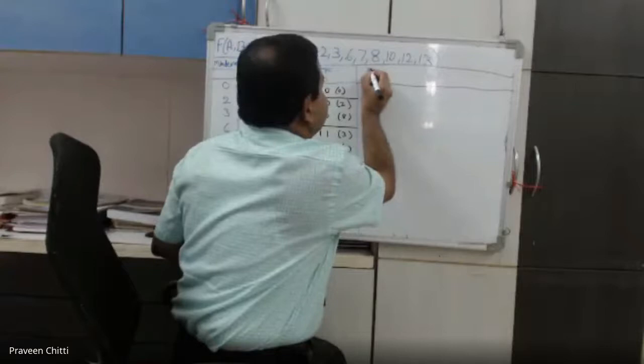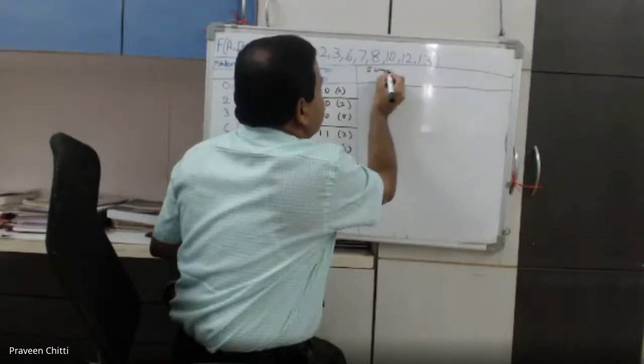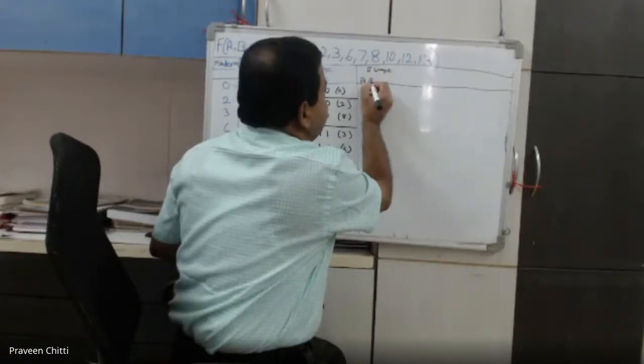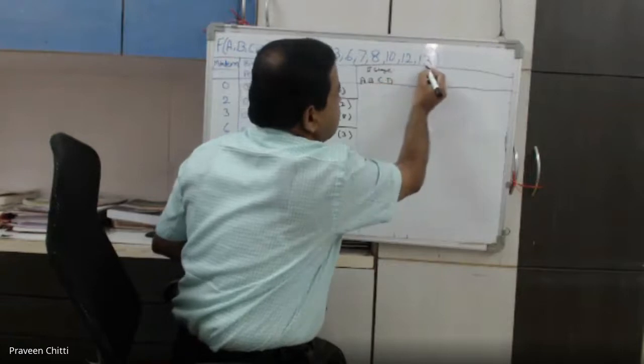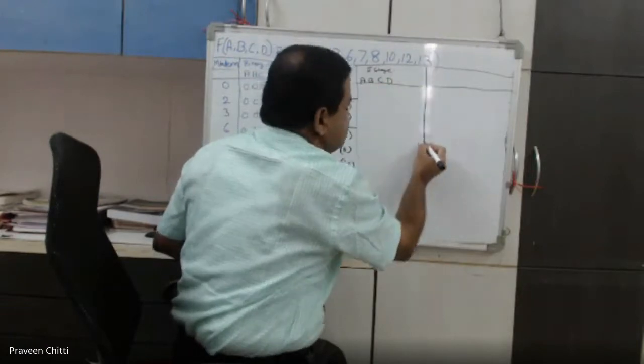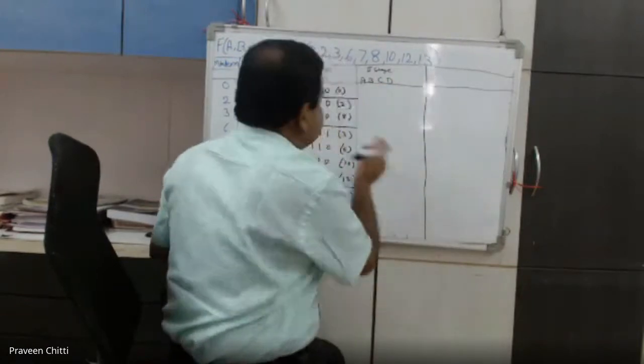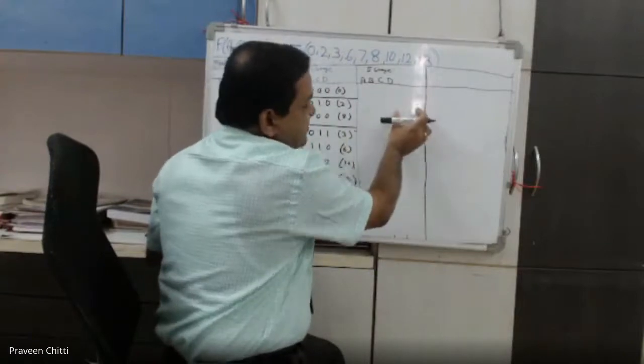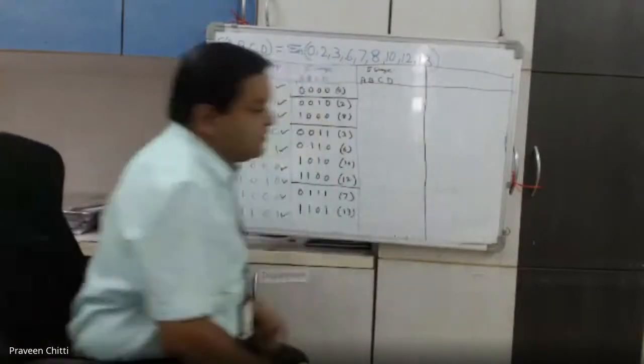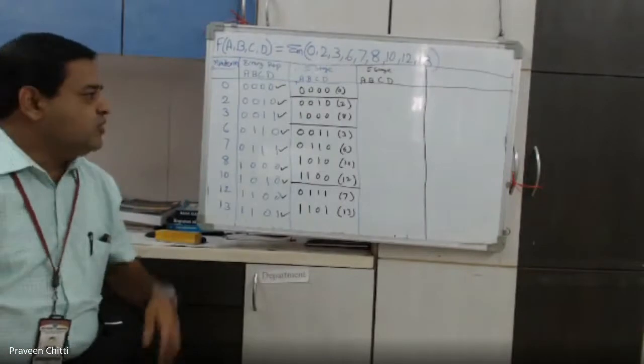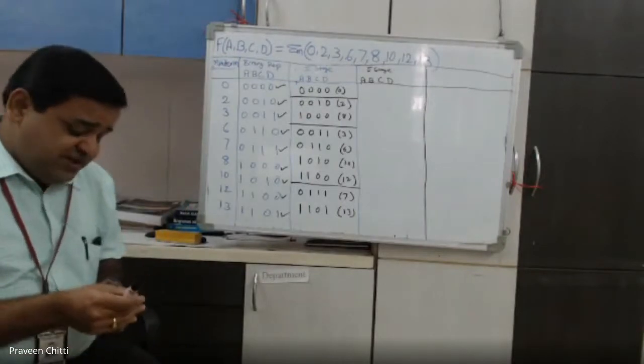I will write here the second stage, with columns A, B, C, D. Put a little more space because you have to combine and write now. So here you need some additional space. You can make a provision for that. Now this is very, very important.